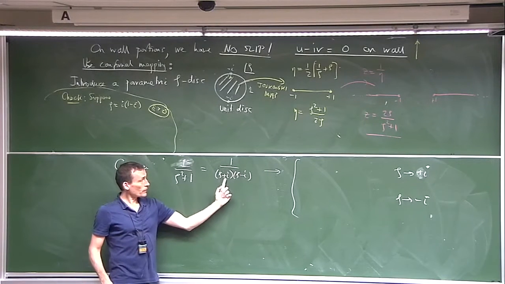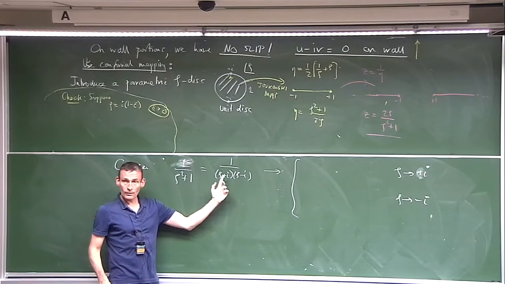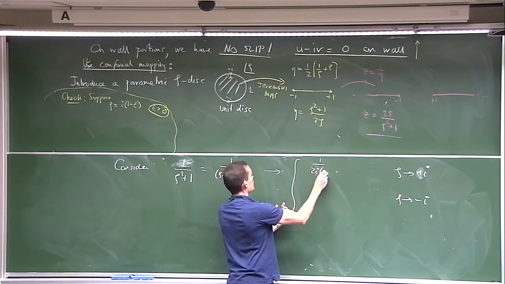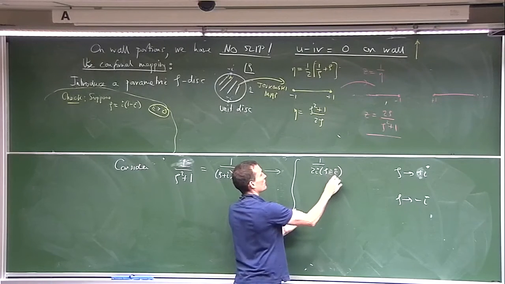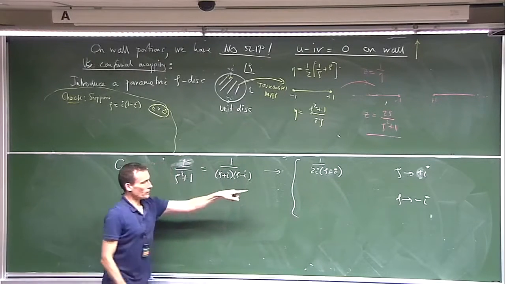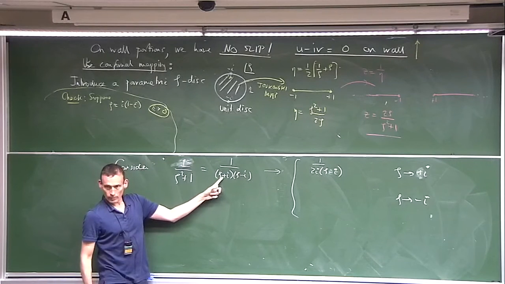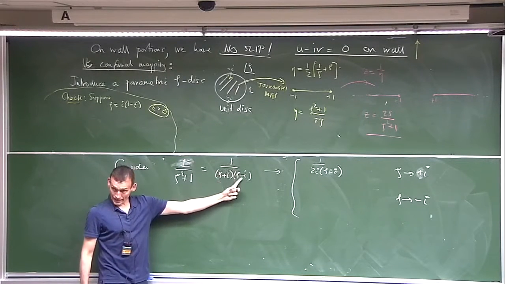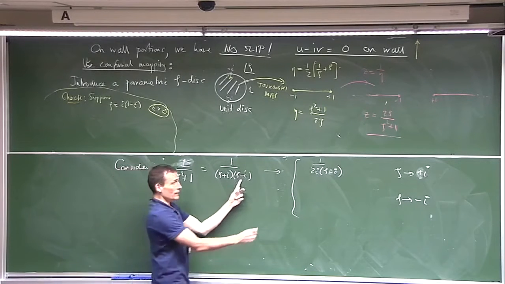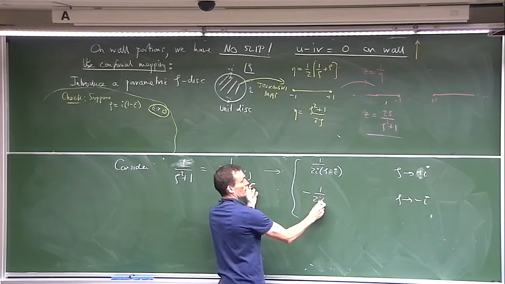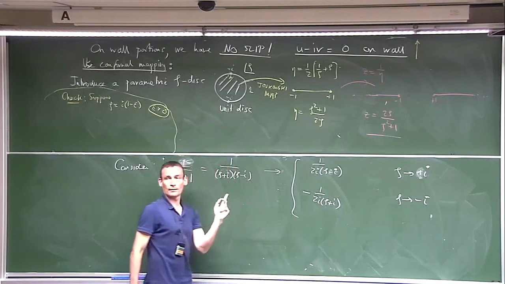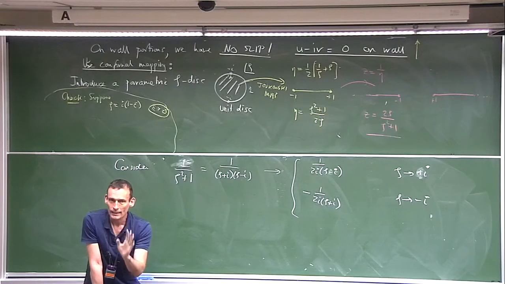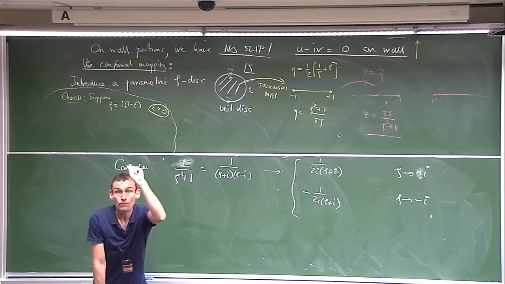But what does 1 over zeta plus i tend to? 1 over 2i. So this tends to 1 over 2i times zeta minus i. What about the bottom one? Well, then this thing blows up. And this thing tends to 1 over minus 2i. So this tends to minus 1 over 2i, zeta plus i. Aha! This is exactly the behavior I need. But F.